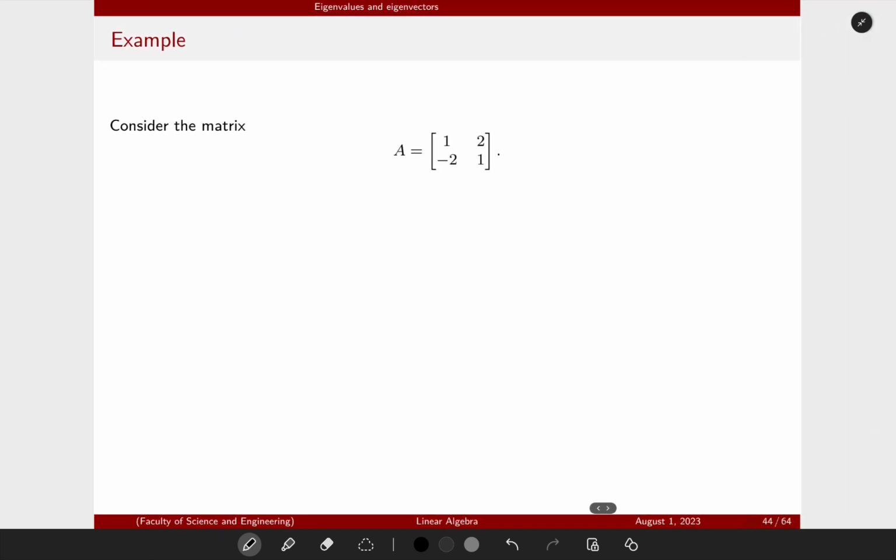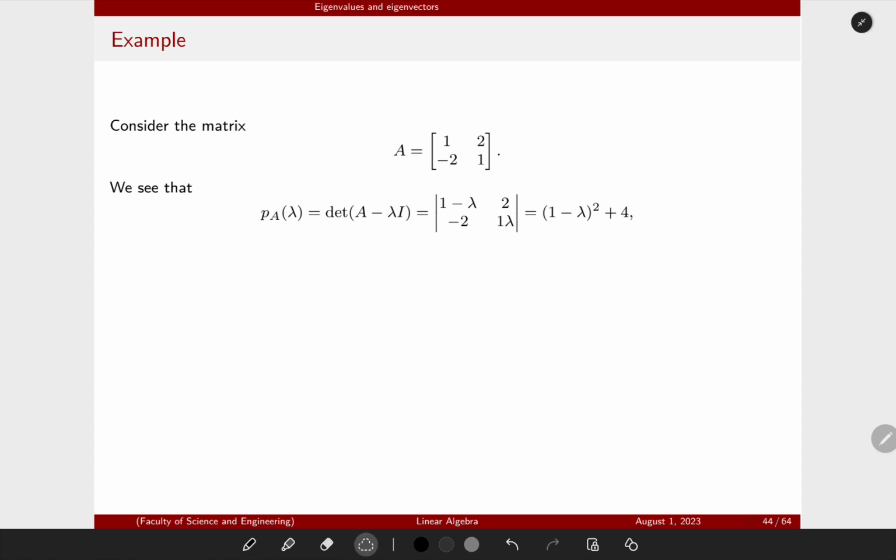Okay, so let's look at an example. We have this matrix, and we compute its characteristic polynomial. That is this expression here, computing the determinant of this. Anyway, we multiply this by this and subtract this, and it's a typo, it's supposed to be a minus.